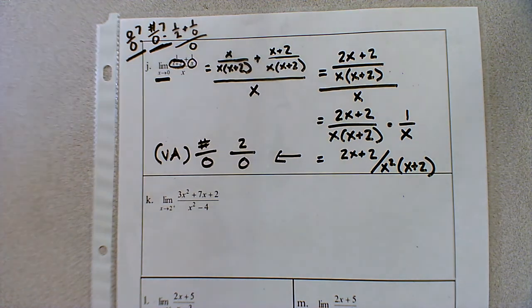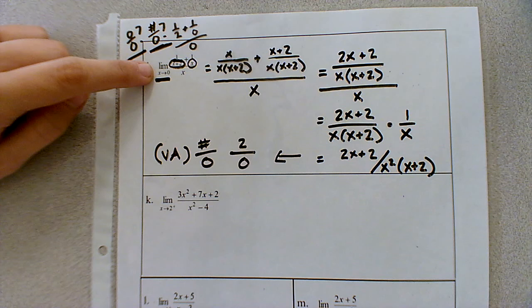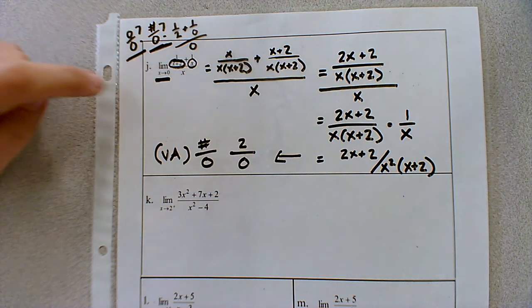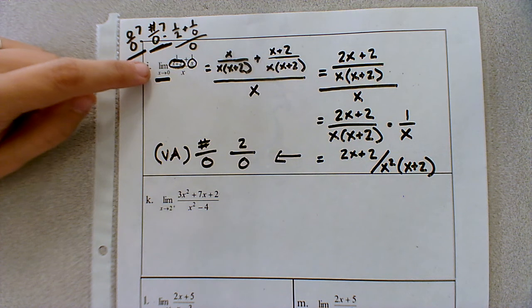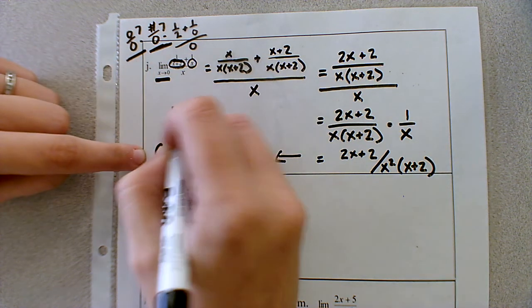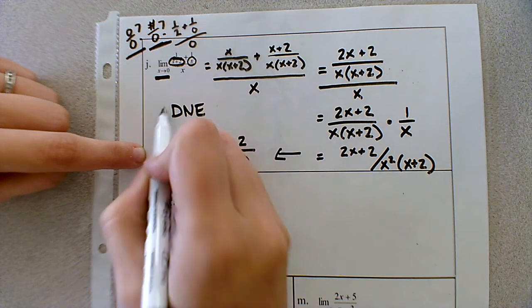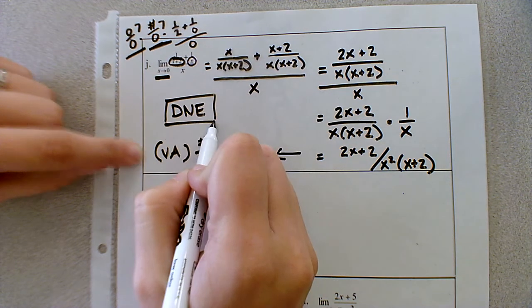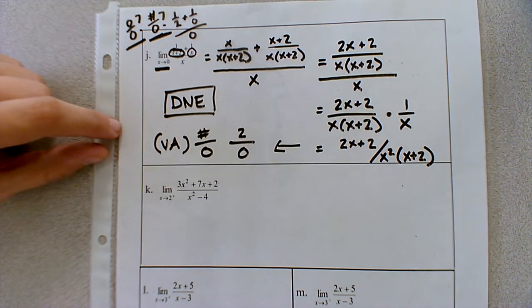So this is when we got to ask ourselves, okay, according to that flow chart that we filled out, is this an overall limit that we're dealing with, or is it a one-sided limit? Okay, and clearly we don't have that plus or minus going on, so this is an overall limit. And an overall limit does not exist at a vertical asymptote. Never, ever. All right, so we'll go ahead and say does not exist.